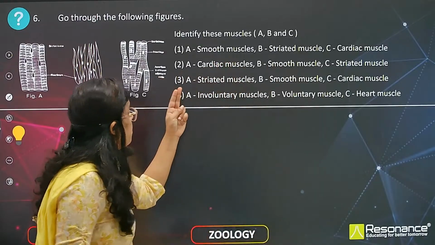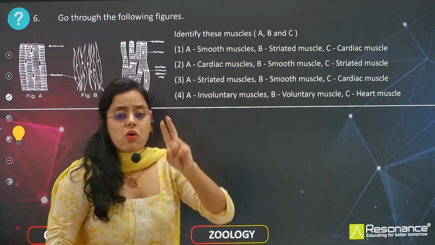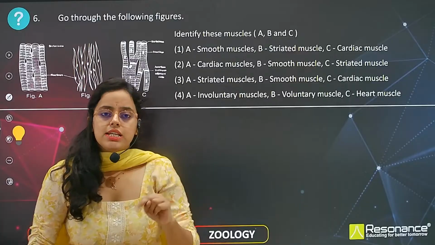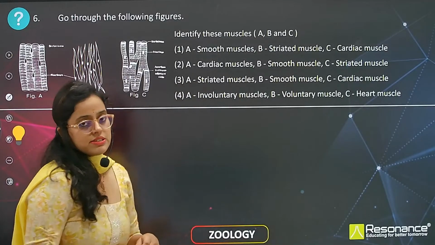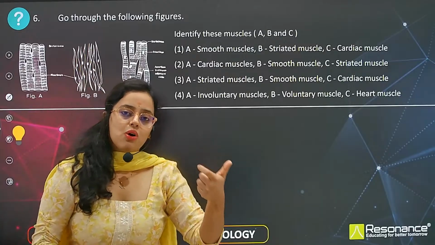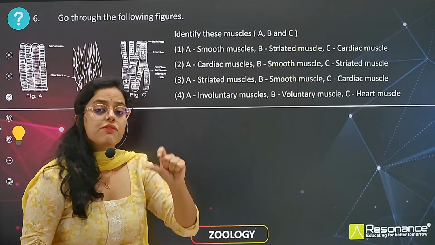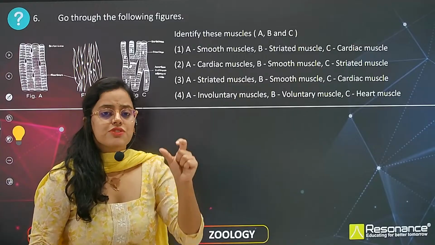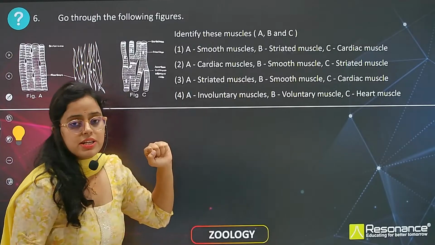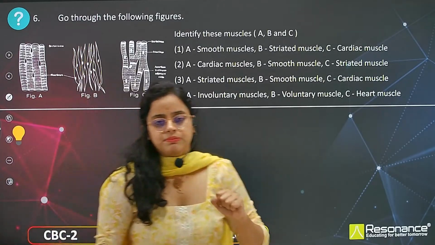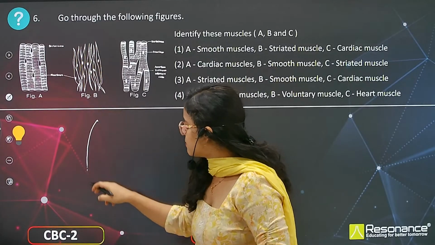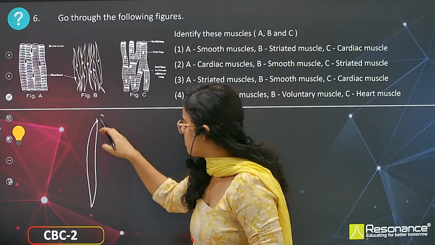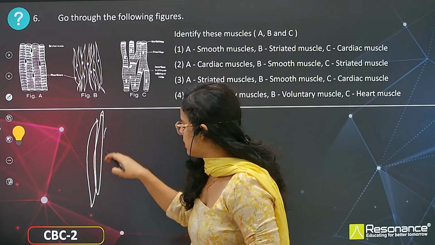1, 2, 3, 4. So according to you, A is the diagram of skeletal muscles, and skeletal muscle is also called striated muscle. So if you have written A, figure A is a striated muscle, then your answer is correct. Now B, if you see, the cells are spindle shaped, or you can say fusiform cells like this.